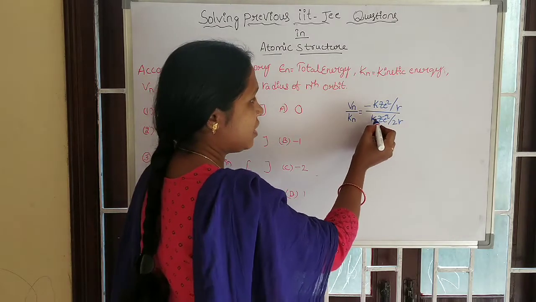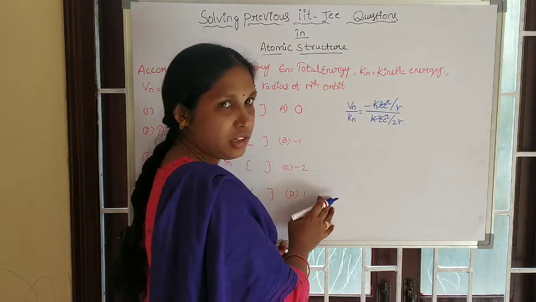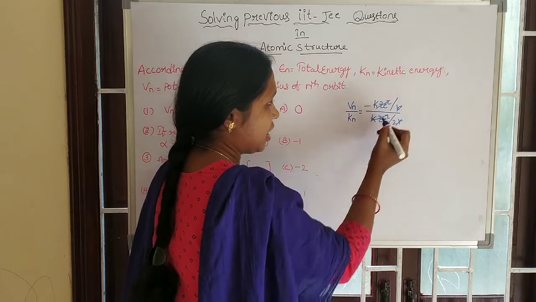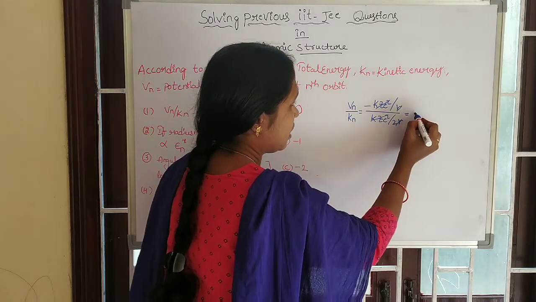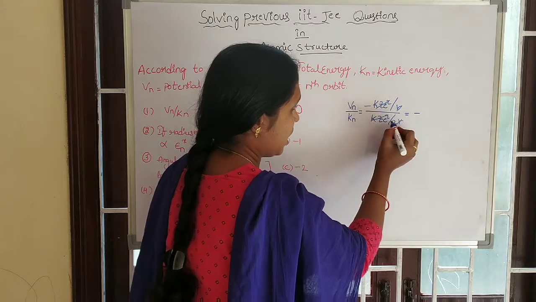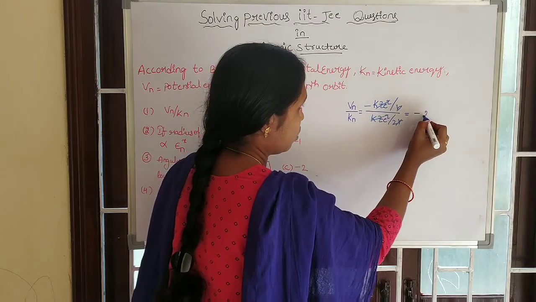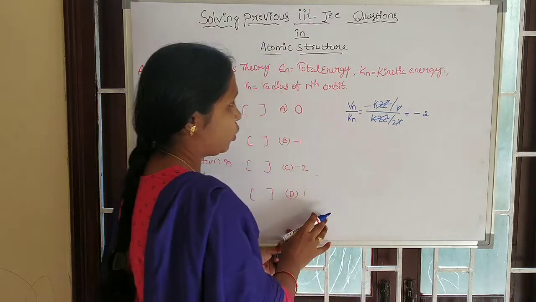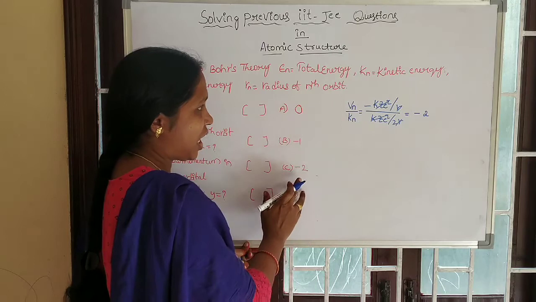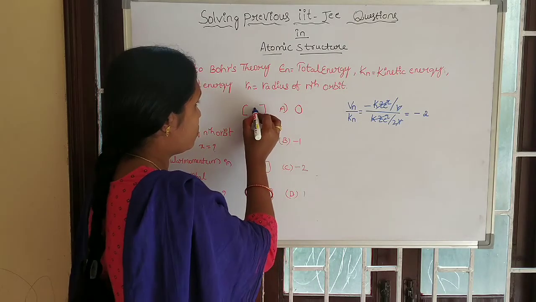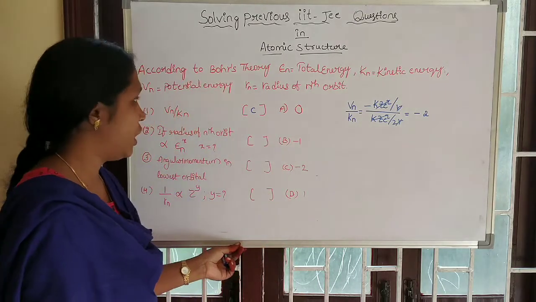Here kZ squared cancels, and r also cancels. Here minus 1 by 2 means minus 2. So the ratio of potential energy and kinetic energy is minus 2. So option C.